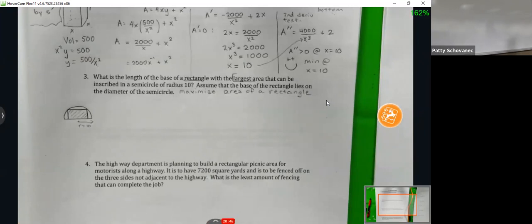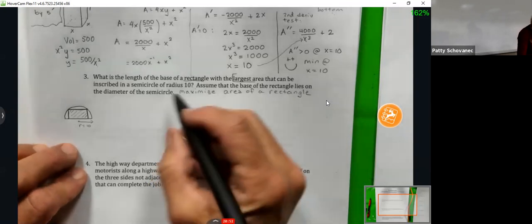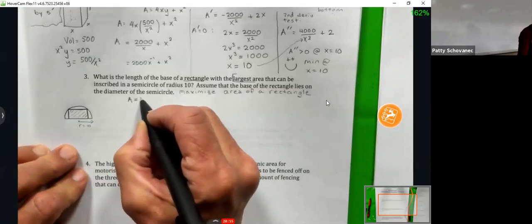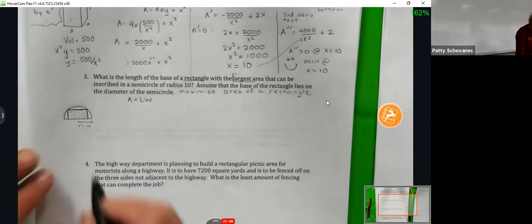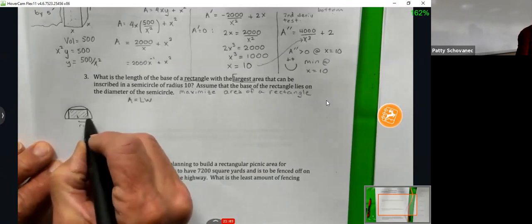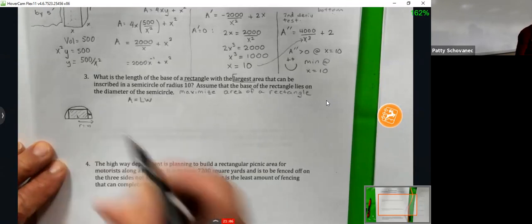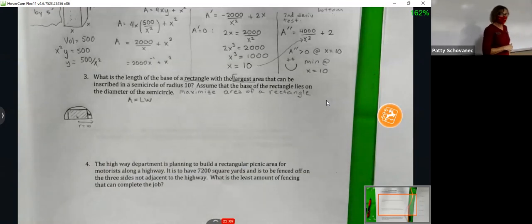We've got to do something with that semicircle over there to figure out what to do with our variables. So let's make L the longer side and W the shorter side. Huh. What on earth are you going to do with that 10? Somehow we got to incorporate the circle of radius 10.